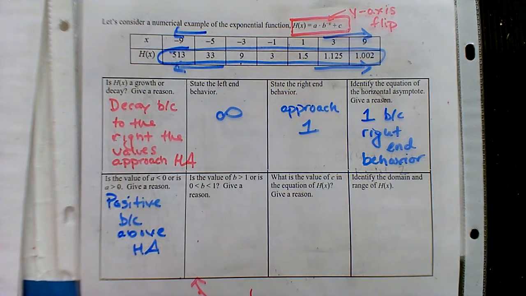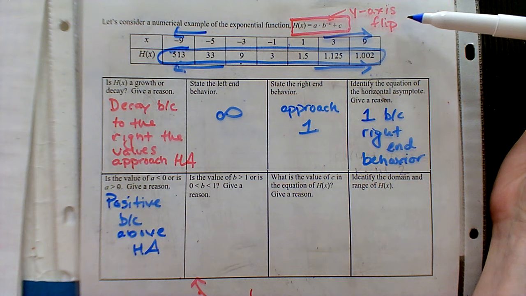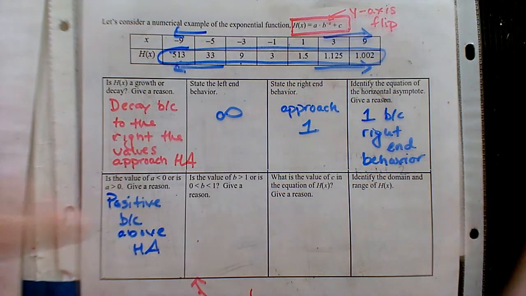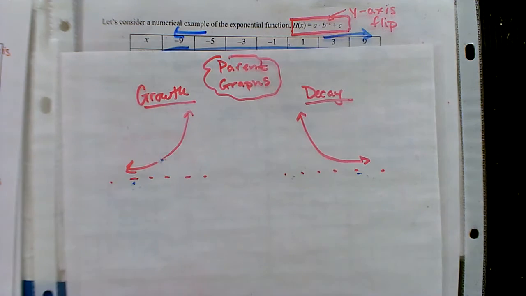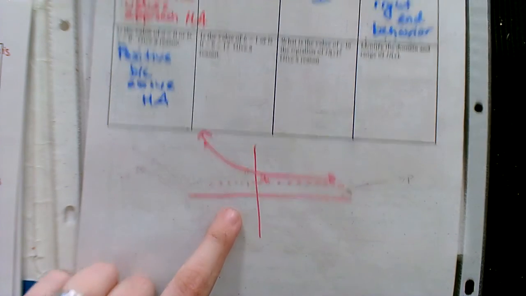All right, let's tackle the B value. So we've got to figure out, were there any flips done that would have changed the parent graph? We identified a y-axis flip from the equation. Do we have an x-axis flip? No, because we said that number out front was positive. Okay, so out of your two options, which one can you flip left and right that would look like this graph?